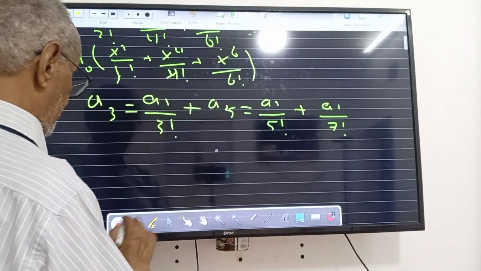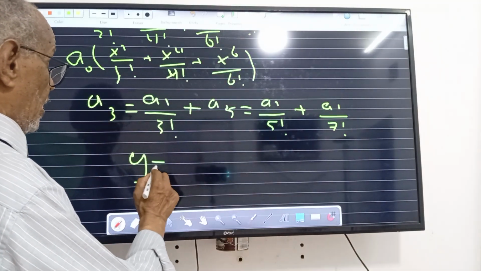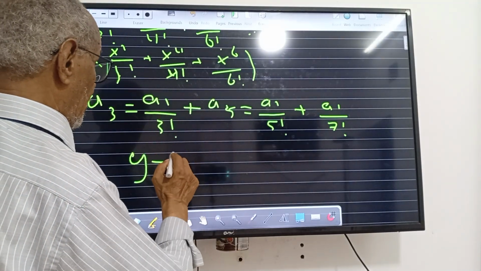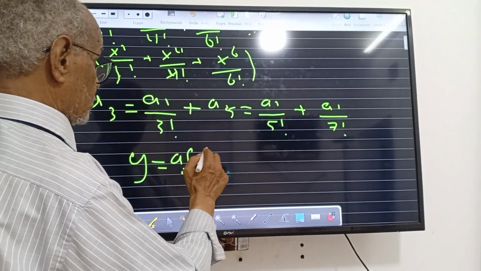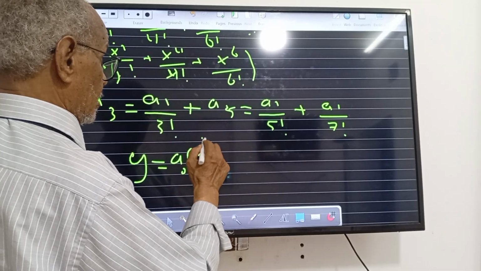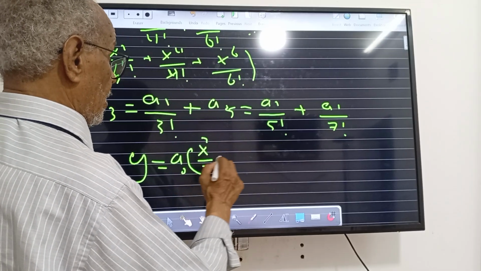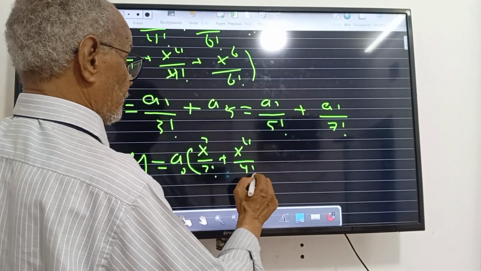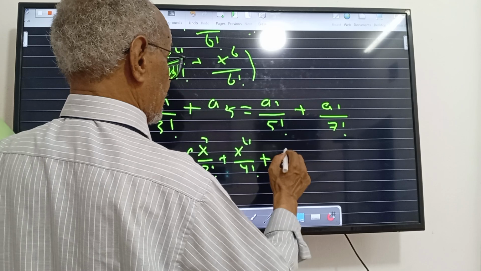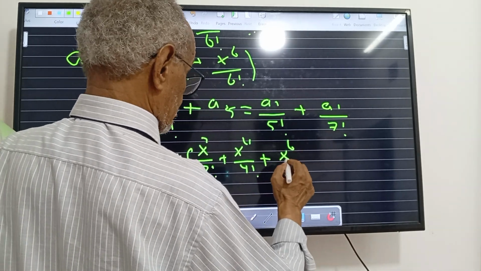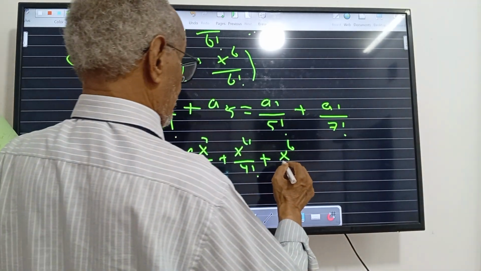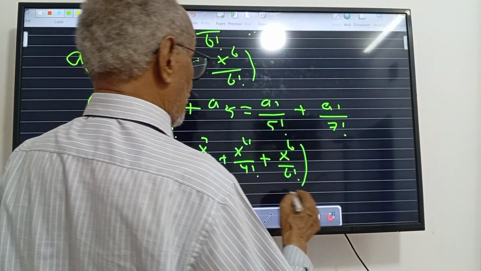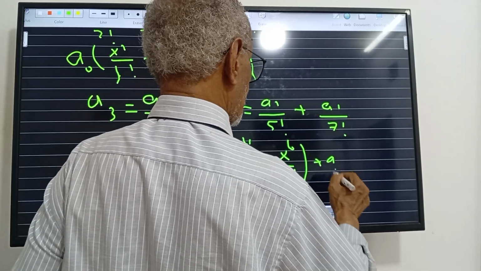Y equals A0 times (x squared over 2 factorial plus x to the 4 over 4 factorial plus x to the power 6 over 6 factorial). Okay? This one. Plus A1.